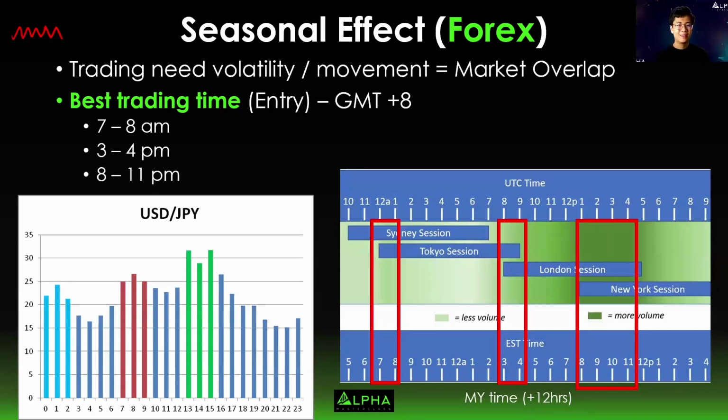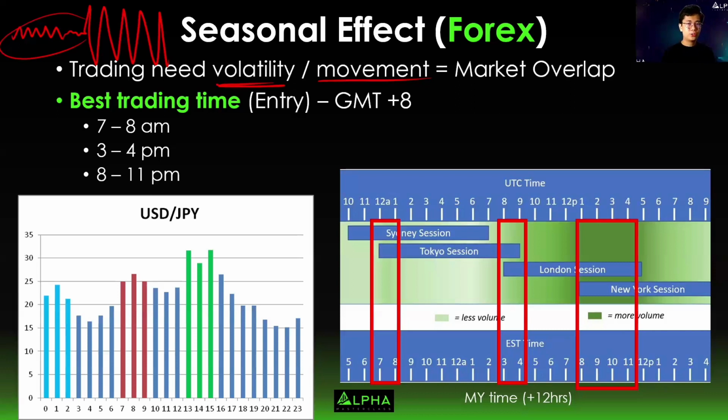True or not? But you actually realize that most of your profit comes from big volatile moves, right? Only when the market is volatile and moving can you make a profit. If the market is not moving, you can't make a single cent at all.